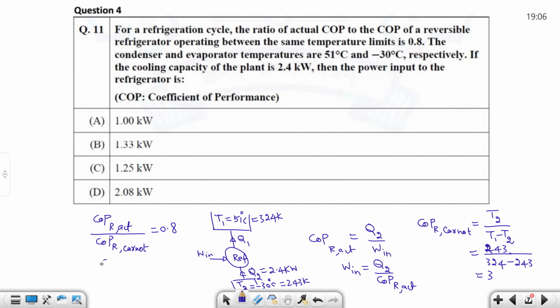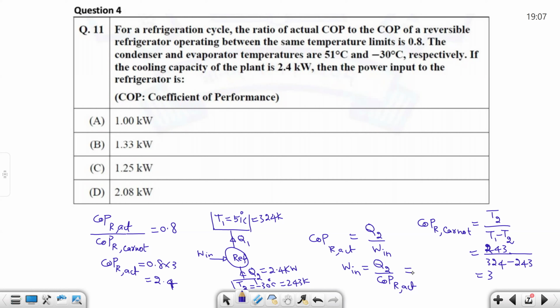So COP of actual refrigerator is 0.8 into 3, 2.4. So once you know the COP of the actual refrigerator, then you can get the power input.